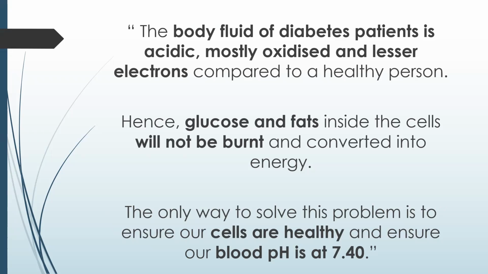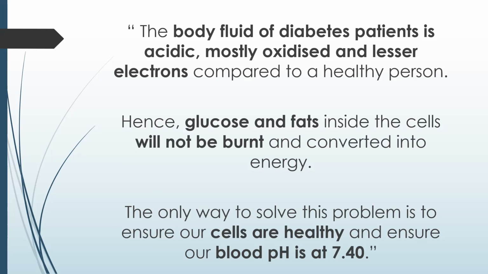It is mostly oxidized because all the nutrients accumulating in the cell cannot be converted into energy, so they get oxidized by the oxygen. They also have fewer electrons because they don't have enough reducing electron in their body. That's why they have all these kinds of problems.